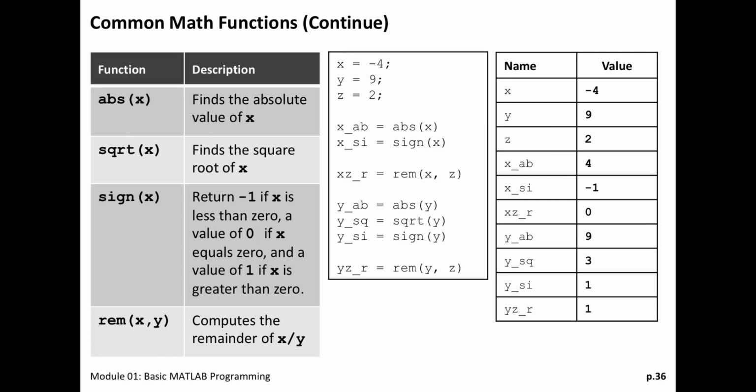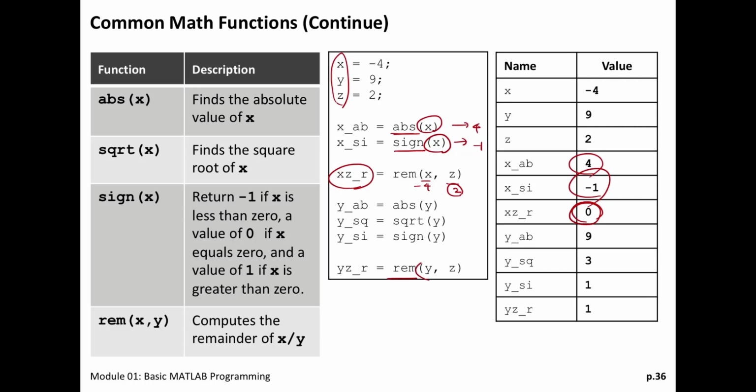This is an example of how to use these common math functions. We create the x, y, z variables. abs is the absolute value of x. The sign of x, which is -4, is -1, right? What about the remainder of x and z? x is -4, z is 2, the remainder becomes 0.